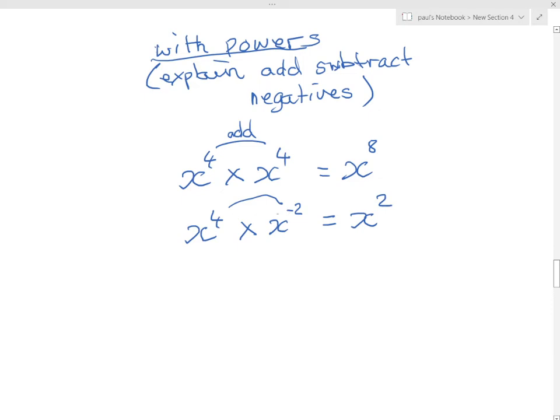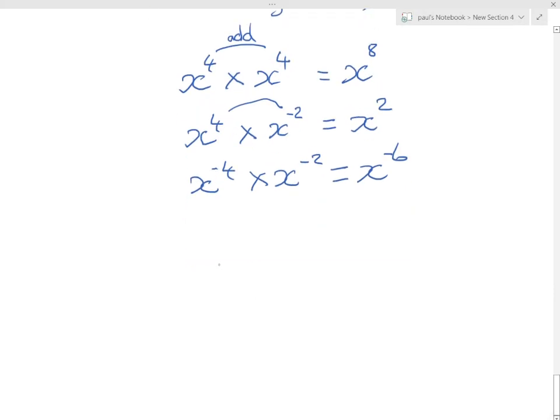It's just like 4 take away 2, but it's not a subtraction, it's an addition. 4 add minus 2. And if you have x to the minus 4 times x to the minus 2, we add these two, minus 4 add minus 2 will equal minus 6. So we've got a bit of a different set of things to think about when we're adding negative numbers, and the same goes when we're subtracting.